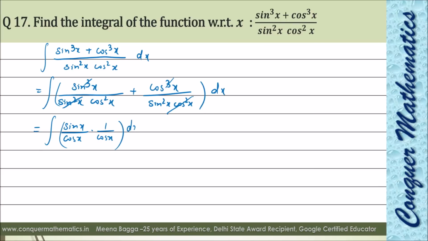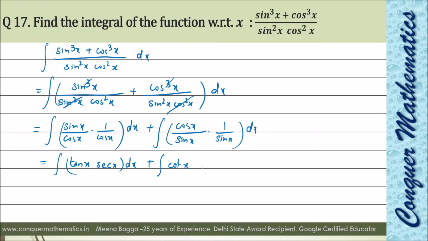This is the first integral, plus the second, cos x divided by sin x, again writing sin square x as sin x into sin x. Sin x upon cos x is nothing but tan x, and 1 upon cos x is sec x. We have the formula for sec x tan x. And cos x divided by sin x is cot x, 1 upon sin x is nothing but cosec x.